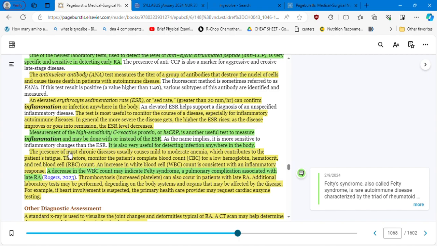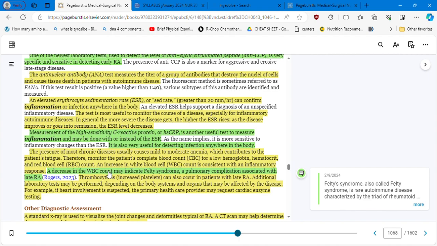The presence of most chronic diseases usually causes mild to moderate anemia, right? Which contributes to the patient's fatigue. Therefore, monitor the patient's complete blood count. We have spoken about anemia, so we need to measure the CBC for low hemoglobin, hematocrit, or red blood cells.